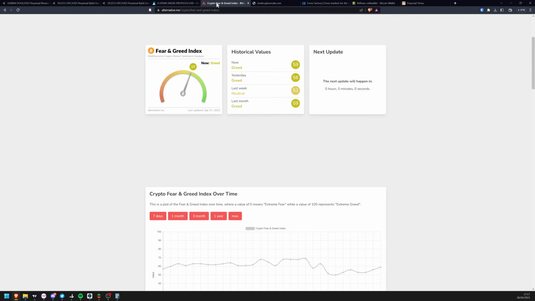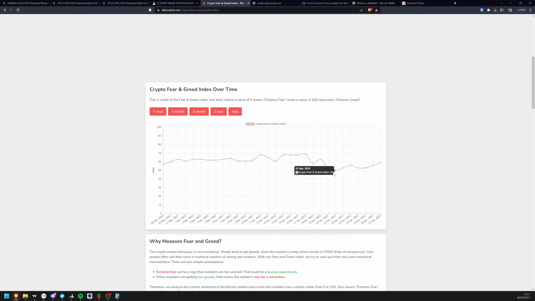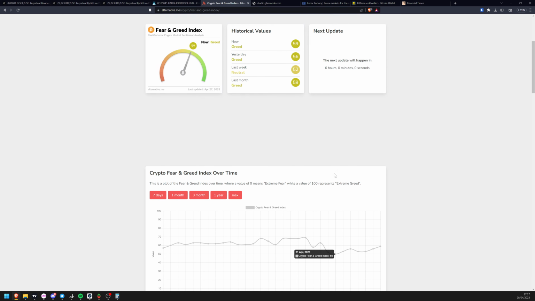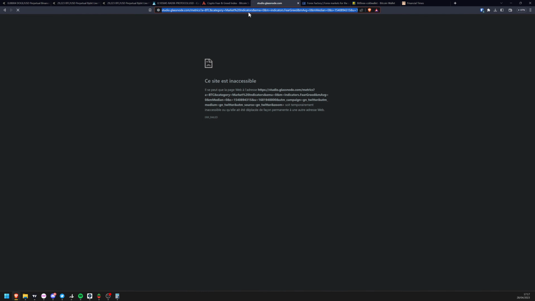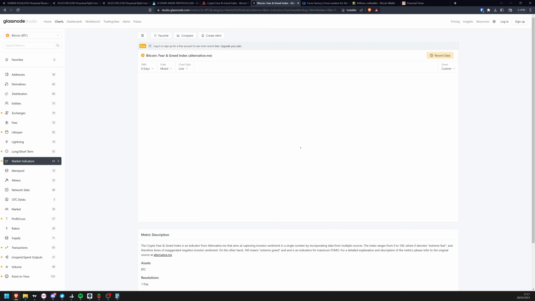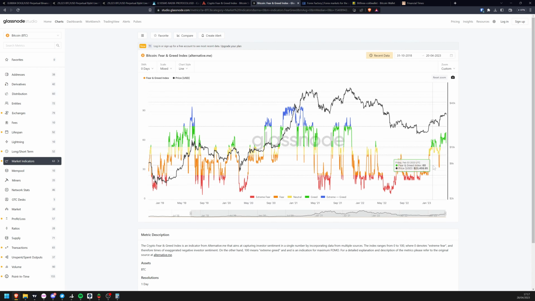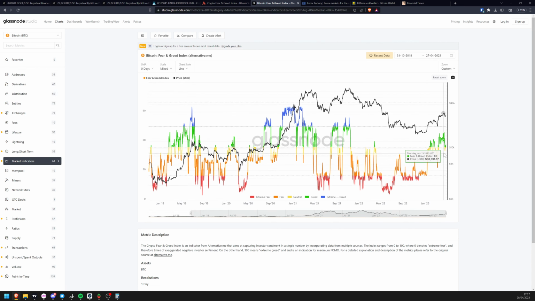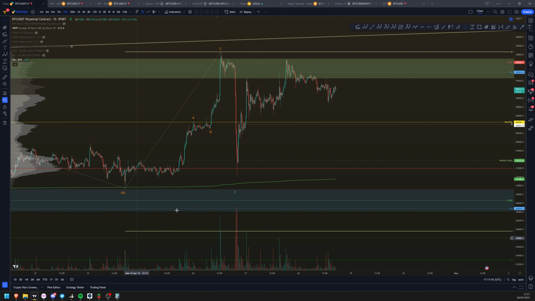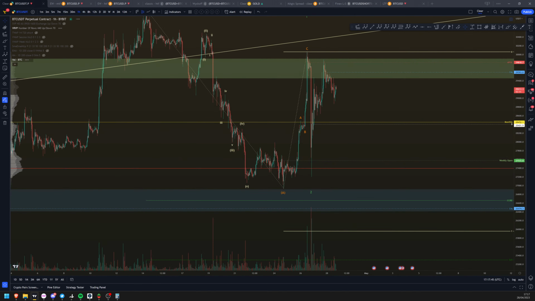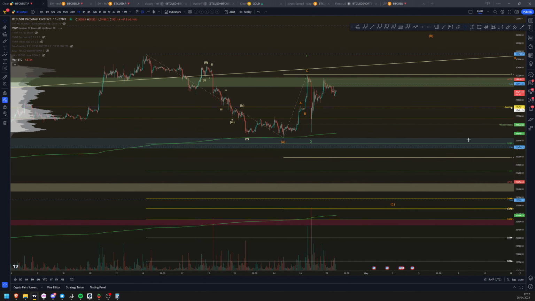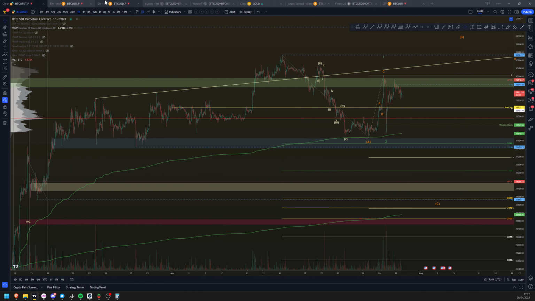And we still didn't dip into fear. Not even. We've stayed at 50 here. I would really like to see us go to fear, but maybe we will not. Just barely neutral here. That's still why I would like to see this 25k. Great, but the market doesn't give us what we want.